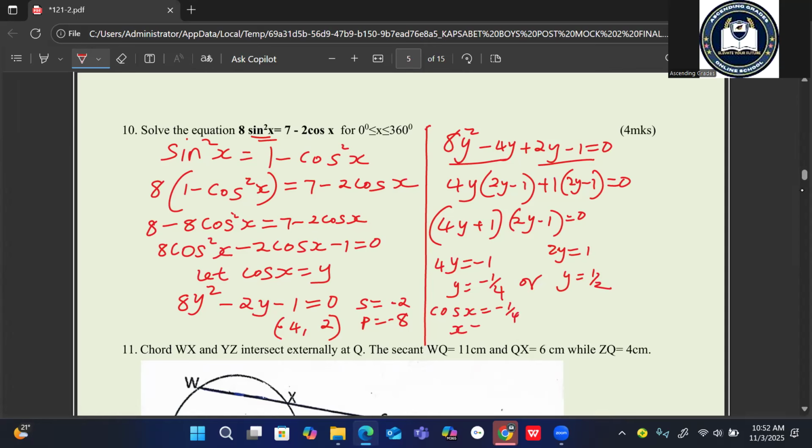So our x will be equal to the inverse cos of negative a quarter. And then we finalize with the other one, or cos x is equal to half.